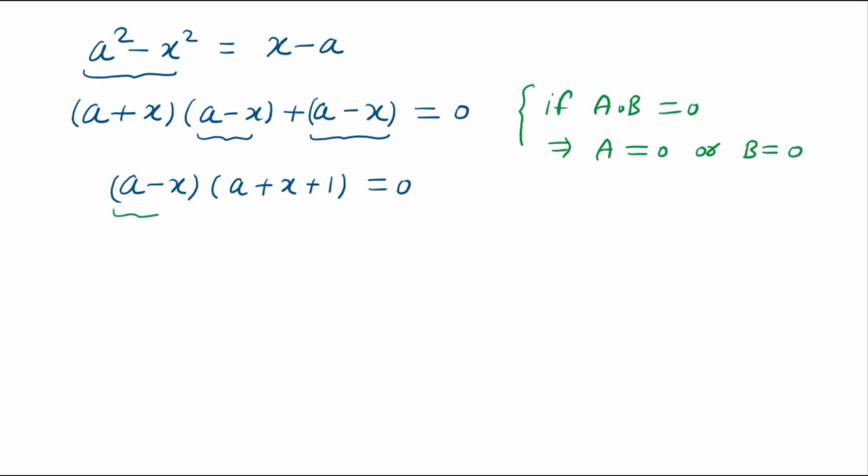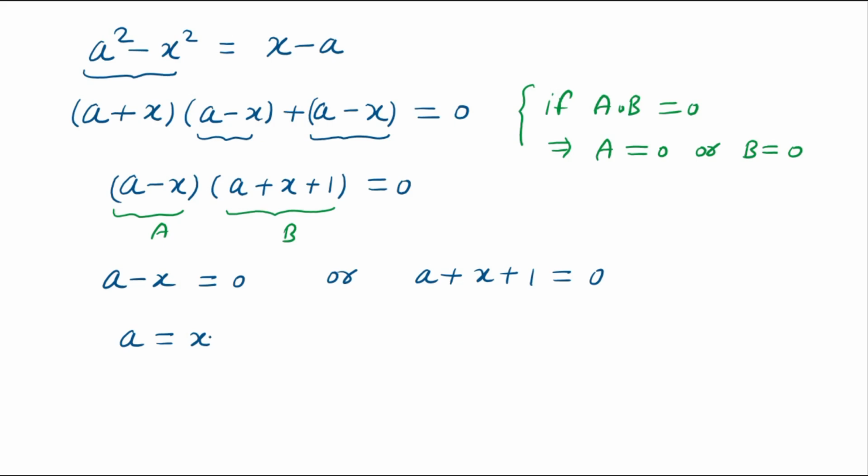Then this expression is a and this expression is b. Then here you can say a minus x equals 0, or a plus x plus 1 equals 0. Then here the value of a is equal to x, and here the value of a is equal to minus x minus 1.